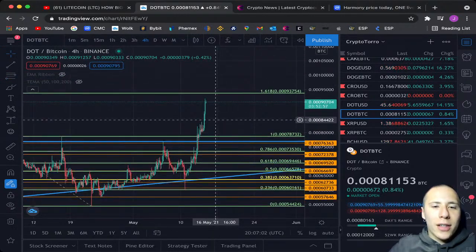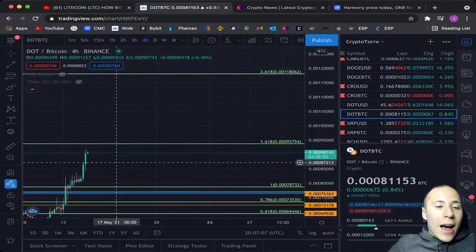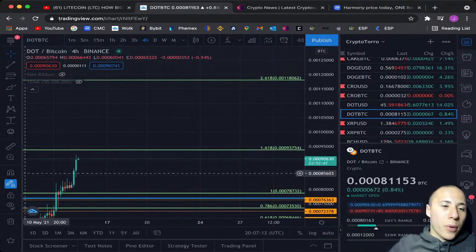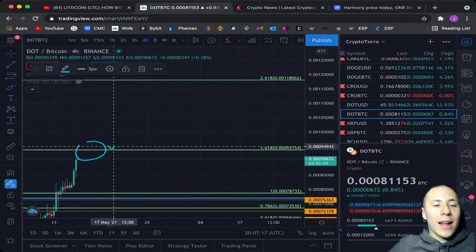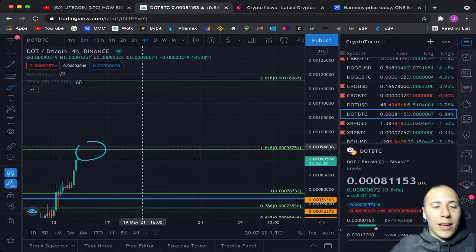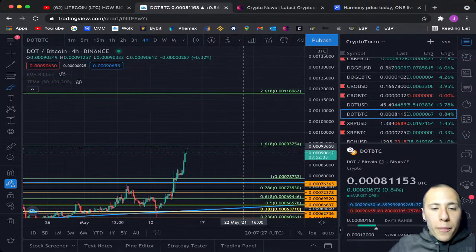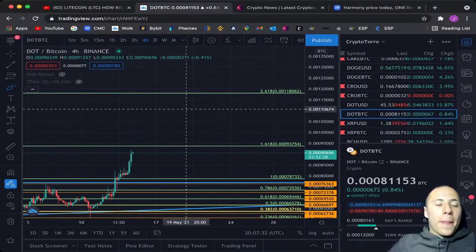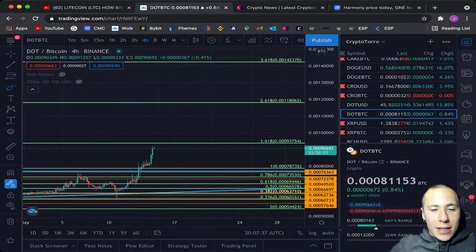Yes, we are underneath the 1.618 Fibonacci level, and I would be very happy to see here as well, as we saw on the US dollar chart, for Polkadot to break above this level and to trade on top of it, and that this level would be acting as support would be a great and huge step for Polkadot to go even higher in the upcoming days and weeks.